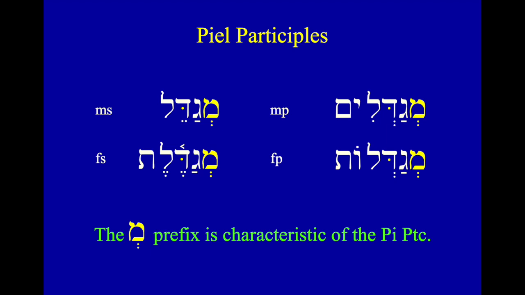But top right, the masculine plural one, megadelim, would be ones who make great, or bottom right, megadelot, ones who make great, and they're marked grammatically as feminine, the subjects of whatever that is, whoever it is or whatever it is that's making something great. Okay, so this mem prefix, mem with a schwa underneath it, is characteristic of the Piel participle.